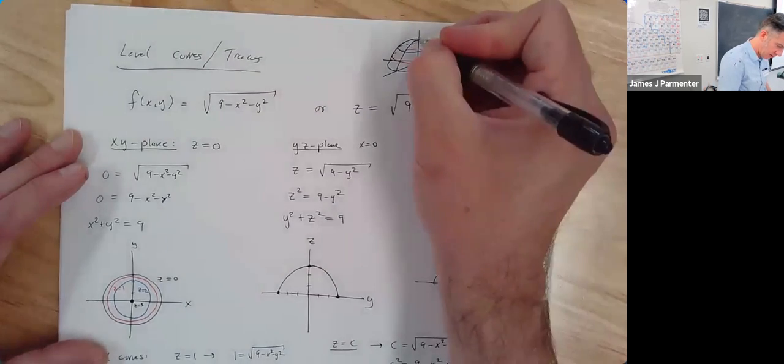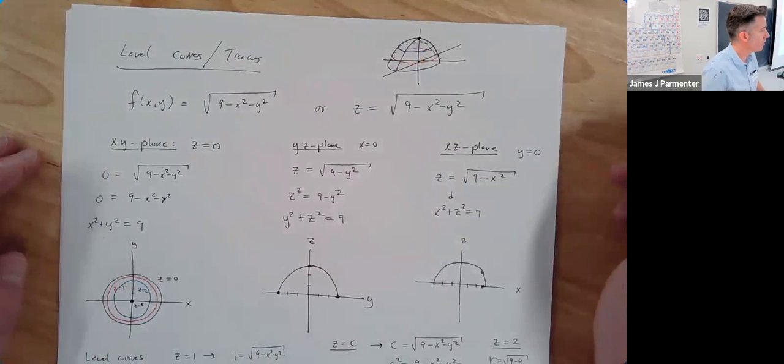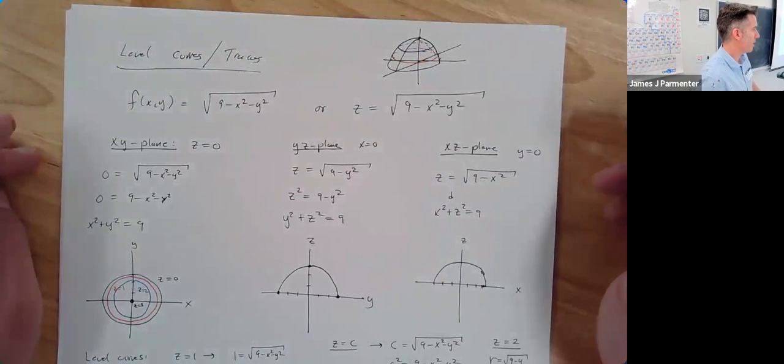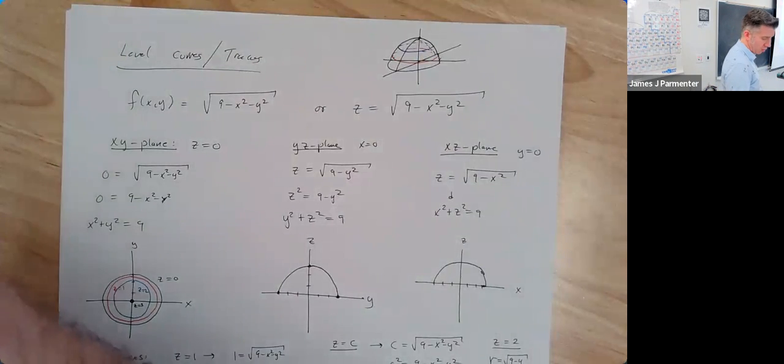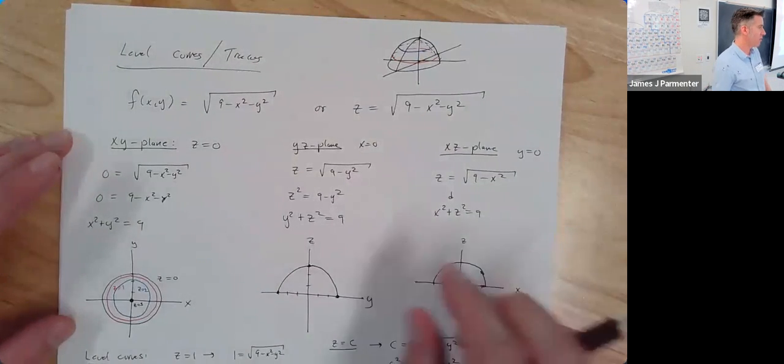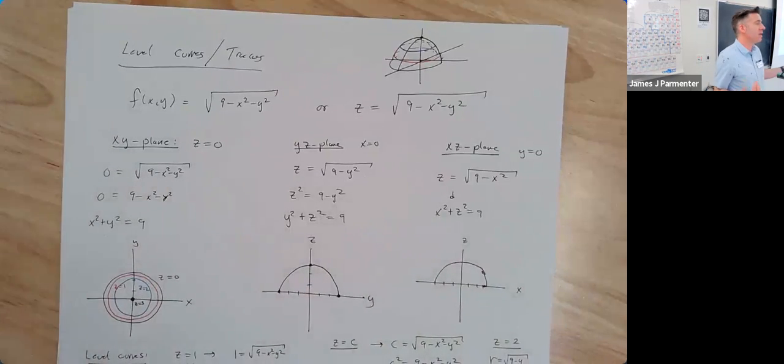That's kind of the idea of what these level curves are used for, and the traces that are used to help us smash it all together and make the three-dimensional graph at the end of the day. I don't know if he would ask you to do any of this, or maybe just define level curves or just define traces, but it is something that potentially could come up. So, yeah, the traces part.